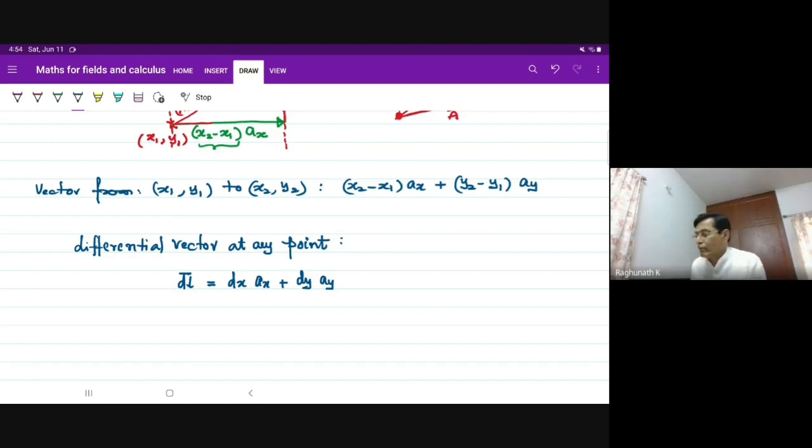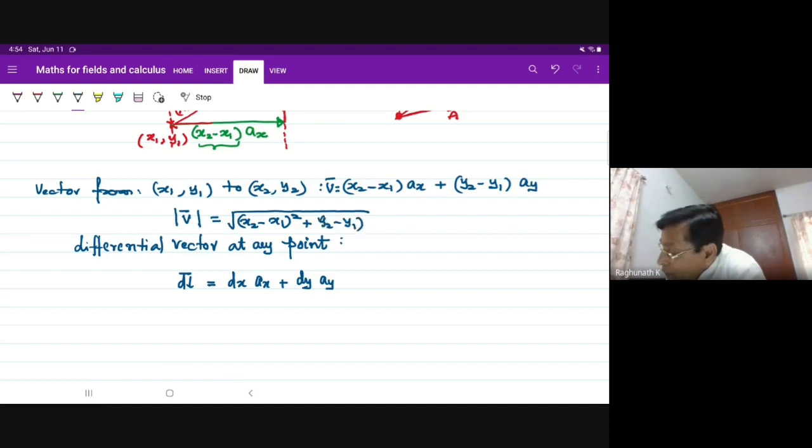Please remember, if this vector v bar is equal to x2 minus x1 ax plus y2 minus y1 ay, because I know that the distance between these two points is the square root of x2 minus x1 whole squared plus y2 minus y1 whole squared, the modulus of v bar is equal to the root of the x component, x2 minus x1 whole squared, plus the y component, y2 minus y1 whole squared, times ax squared plus ay squared.